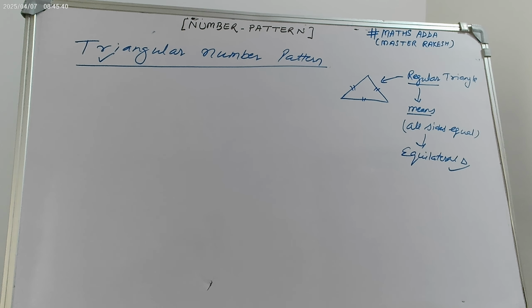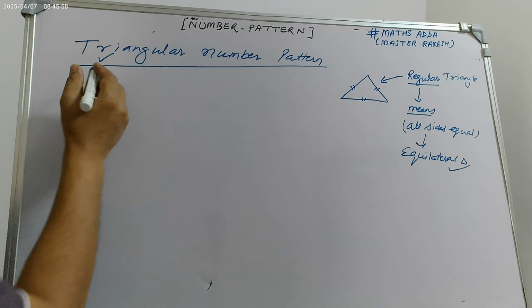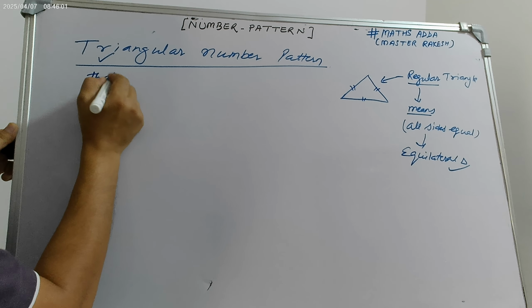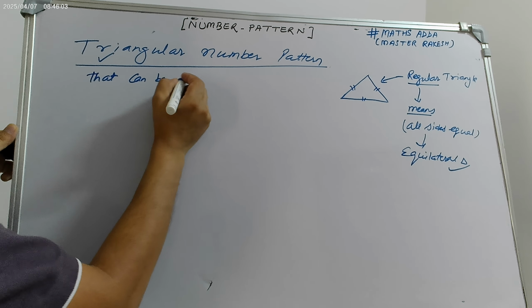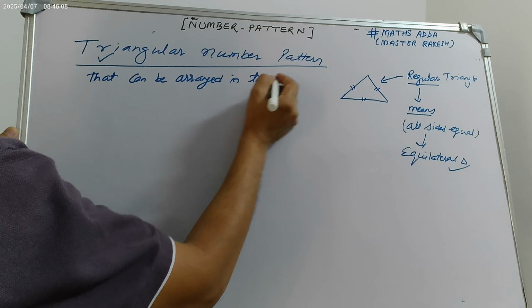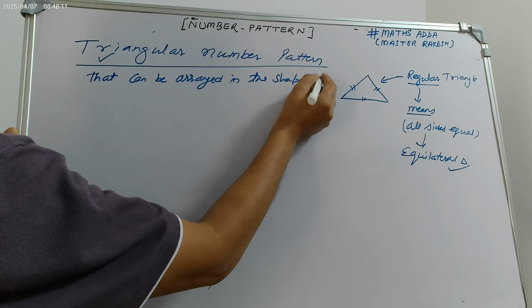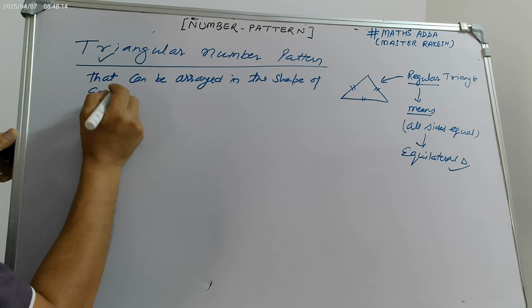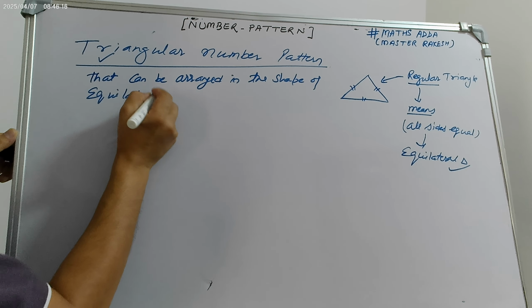So we need to understand this triangular pattern. Triangular means a sequence of numbers that can be arranged in the shape of an equilateral triangle.